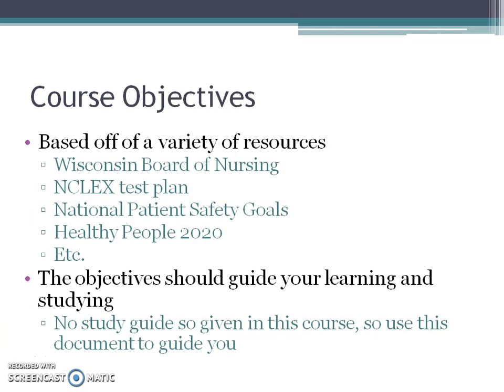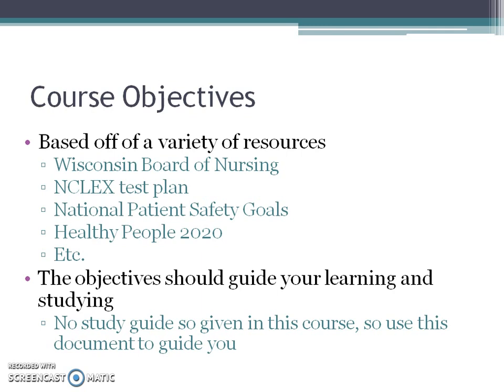You also have course objectives that are found in the learning management system, and I want you guys to look at all of those. The course objectives are broken down by unit. And how do we come up with these course objectives? Well, they're based off of a variety of different resources. So different resources we use to compile our course objectives include information from the Wisconsin Board of Nursing, the NCLEX test plan, which at the end of the program, in order to actually obtain your RN license, you need to pass your NCLEX exam.